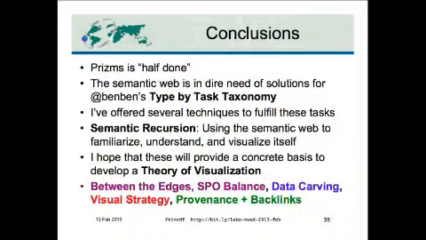And I hope that when I'm done with all of this, and hopefully more than just what I've outlined here, we can start using that as a concrete basis for developing a theory of visualization that really centers around this visual strategy of what rules, what context is needed, how should the visualization be constructed, how should it be reconstructed, which data should be used, which data should not be used, how should it be encoded, what visual characteristics apply, what navigation is performed, what does the user need to know.